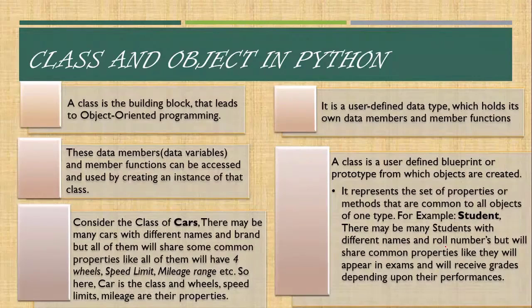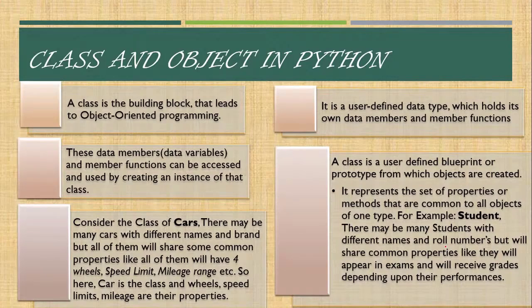In the same way we can have different classes as well. Here is another example of a class, the car class. If we consider different cars, all cars have almost the same properties. They have four wheels, they can be used for driving and going somewhere, they will have some mileage, and they will have some speed limit.